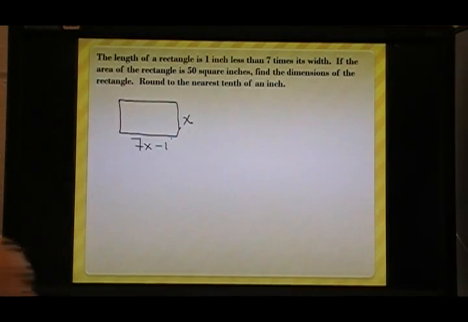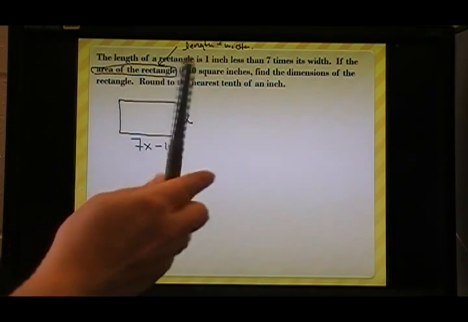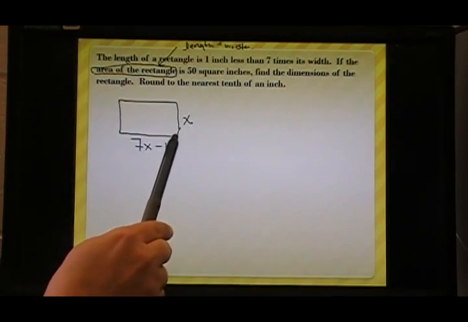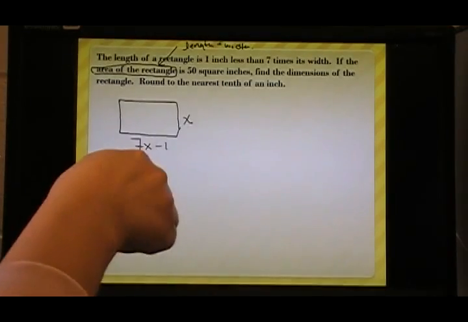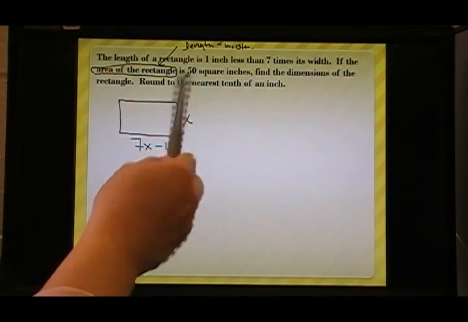The area of a rectangle is always found by multiplying length and width together. So if we multiply this length by this width, whatever they may be, we should get a product of 50.